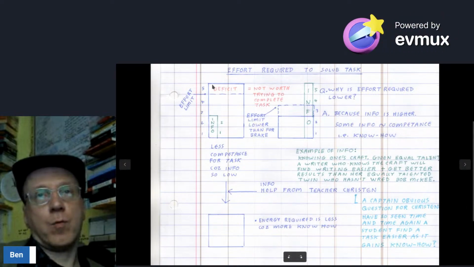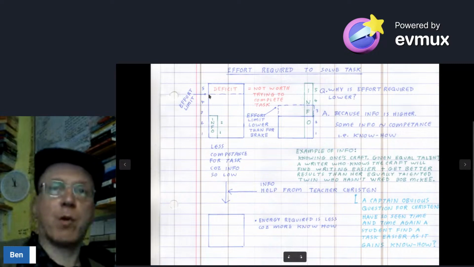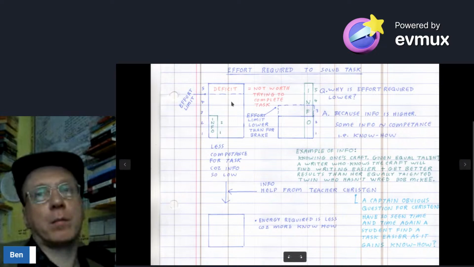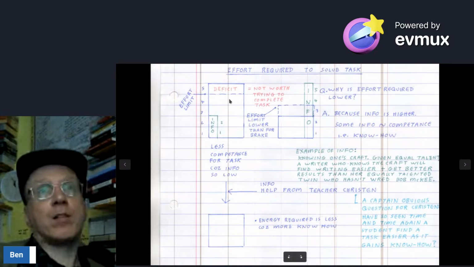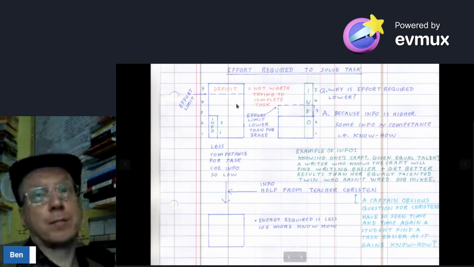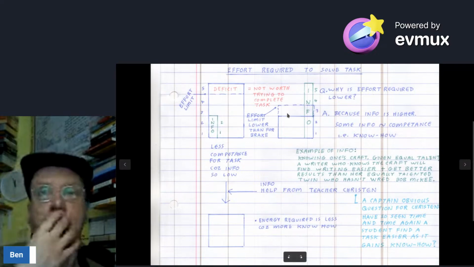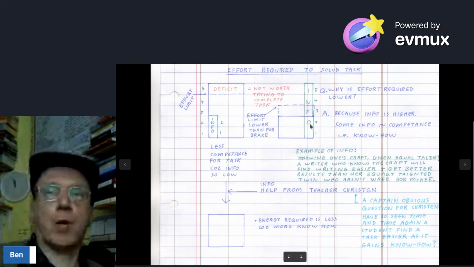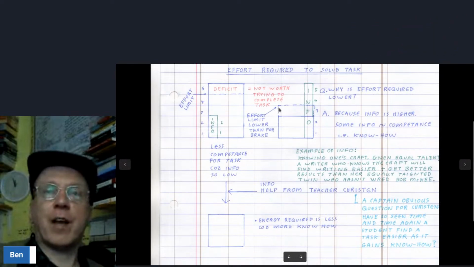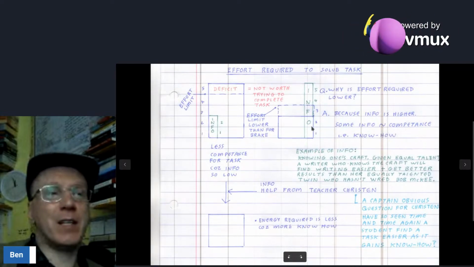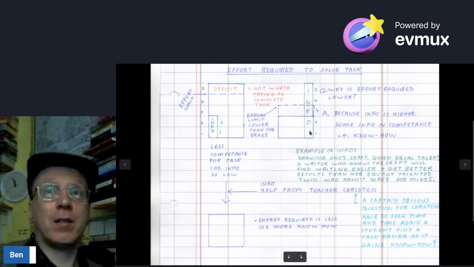The task might require 5, but you're only willing to put 4 in. So you then consider, oh, it's not worth it, it's too hard. But if someone has less effort for it, but because of know-how, it's easier. So even though the effort limit is less, because the task is easier, the person is willing to do it.